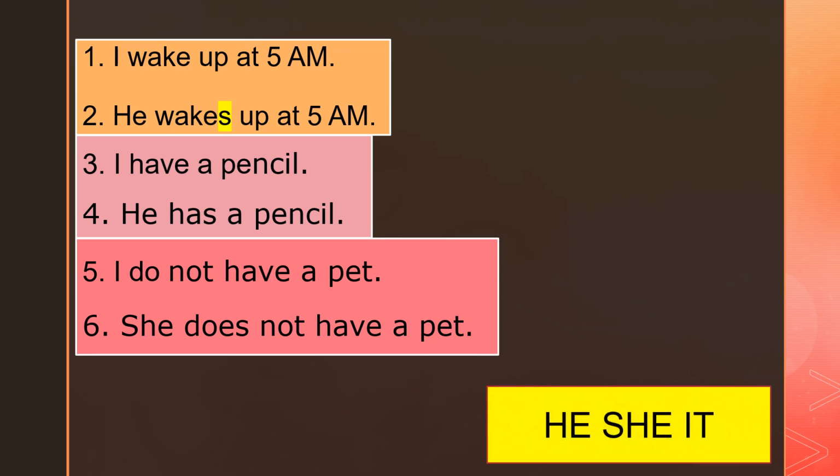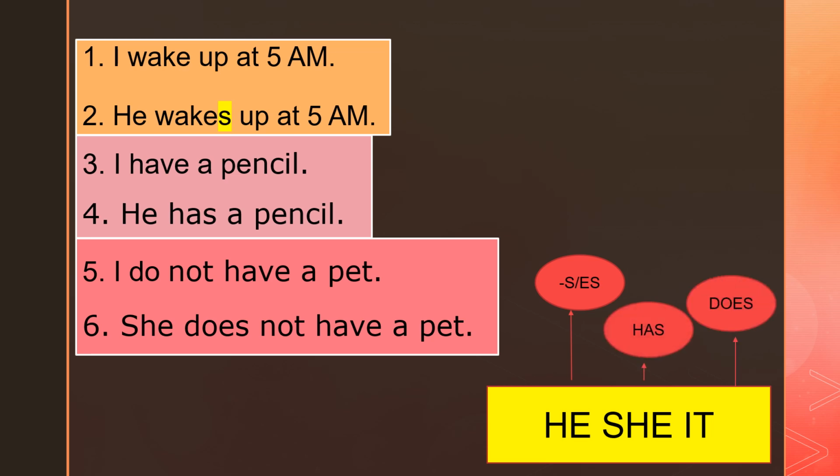If the subject of the sentence is either he, she, or it, we need to put an s or es in the verb. For example, he wakes up at 5 a.m. Susan wakes up at 5 a.m. We should also use does if we want to write a negative sentence.